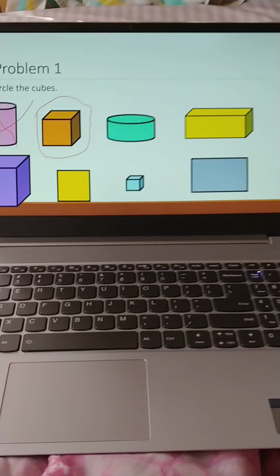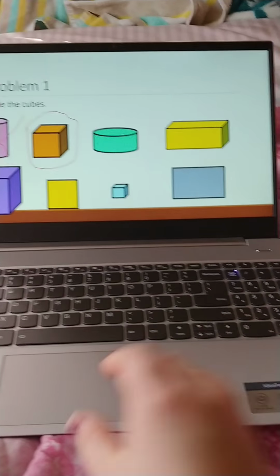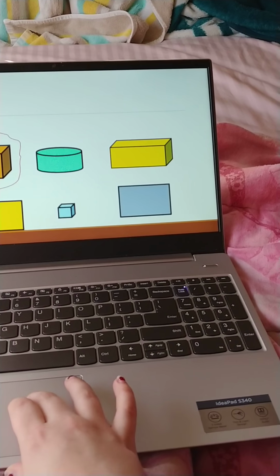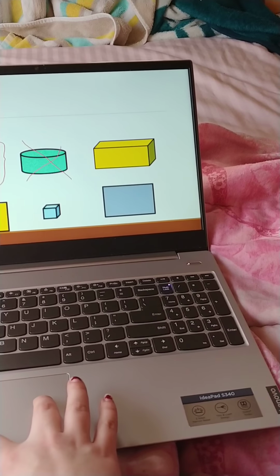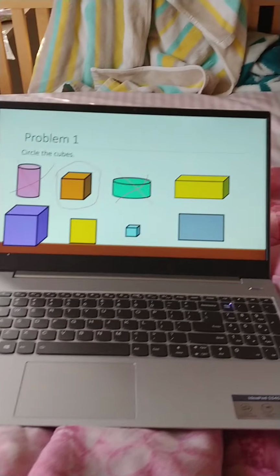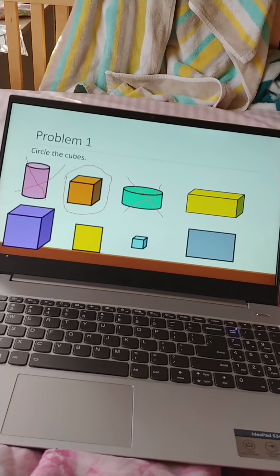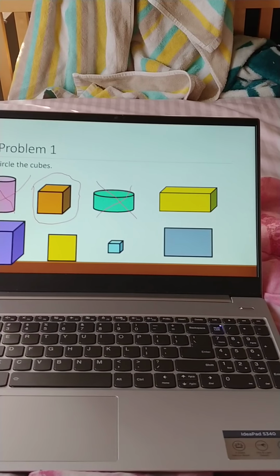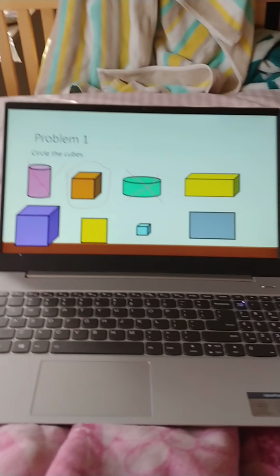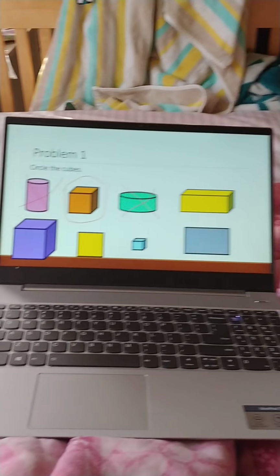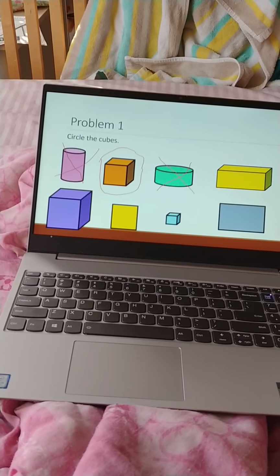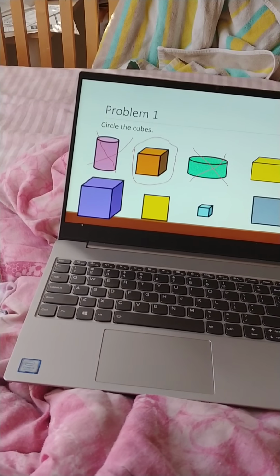Okay, so the next figure kind of looks like our first figure, so we know that that's not a cube. Now this one you might think it's a cube, but it's not. So yes, this is a 3-dimensional figure. However, some of its faces are squares, but some of them are rectangles.